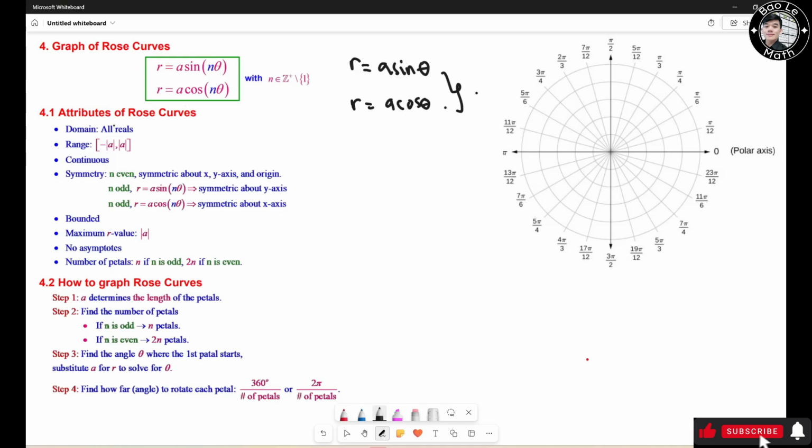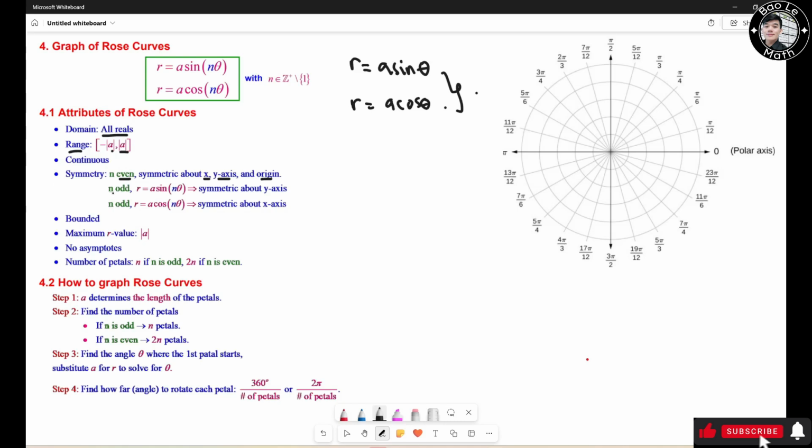Now, we need to explore the characteristics of rose curves. The domain of the rose curve is all real numbers. The range is the interval from negative absolute value of a to absolute value of a. The function is continuous. Now we're going to talk about the symmetry. If n is even, the function is symmetric about the x-axis, the y-axis, and the origin.